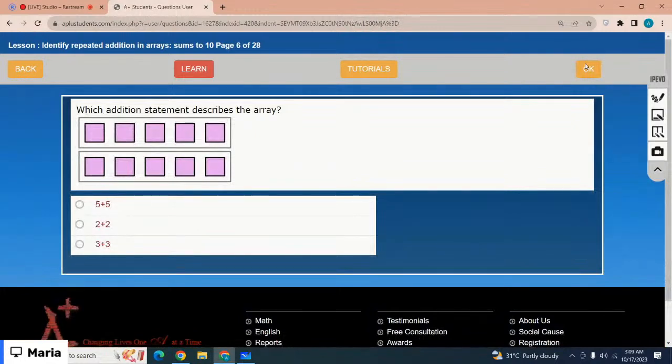Which addition statement describes the array? Which is the correct option? You have 2 rows, and in each row you have one, two, three, four, 5 squares.